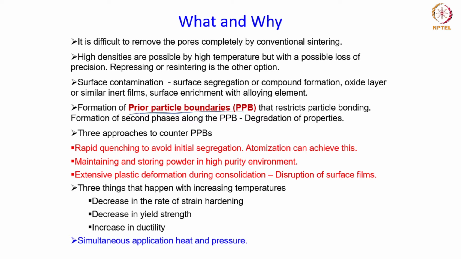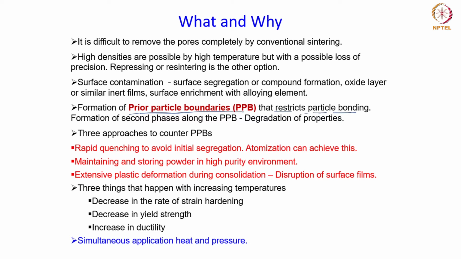And as I said, since this is a result of the presence of surface layers, this will restrict particle bonding, right? And there are also chances of formation of second phases along the PPBs if there are enrichment of solute elements which can precipitate out during the heating process, right? So all this would first of all prevent particle bonding and limit the density which can be achieved.